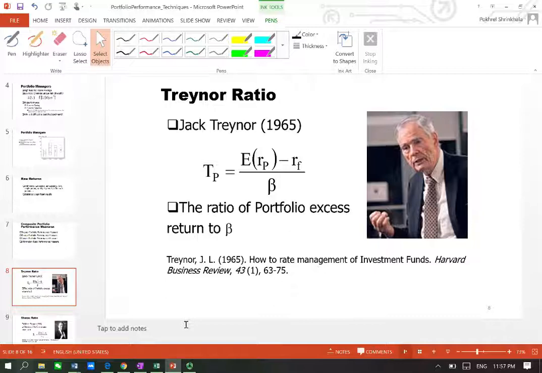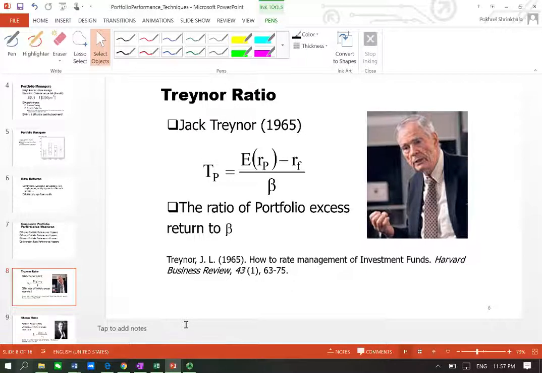In this technique, Jack Treynor was interested in a measure of performance that would apply to everyone, to investors, okay, regardless of their preferences. So the technique would be applicable to all types of investors.